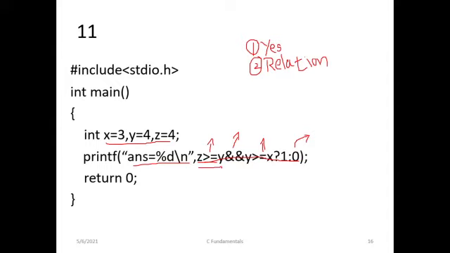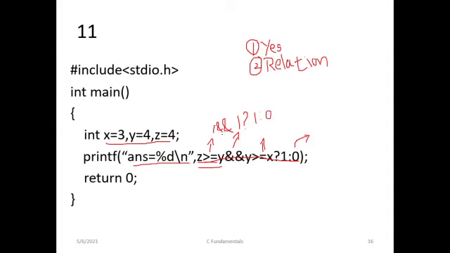Is it greater than or equal to y? Yes, it is equal. So it will result in 1, that is true. And y greater than or equal to x. Y greater than x, yes, fine. So 1 and 1.